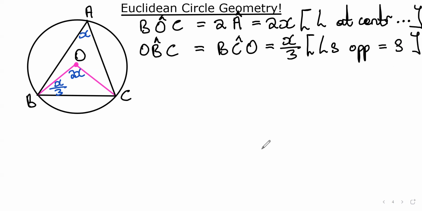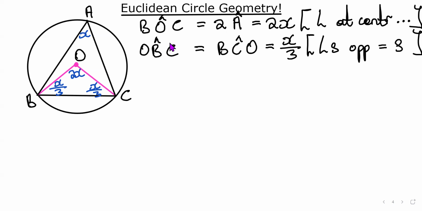Well, you'll write the official reason. You've seen how it works. Angles opposite equal sides. These angles are equal to each other because they are angles opposite equal sides. Okay, fine. So now we have our x over 3 here.